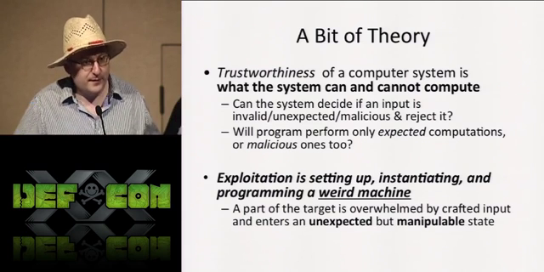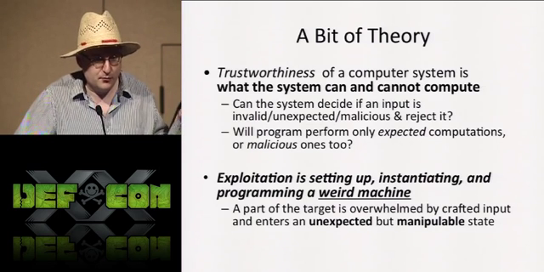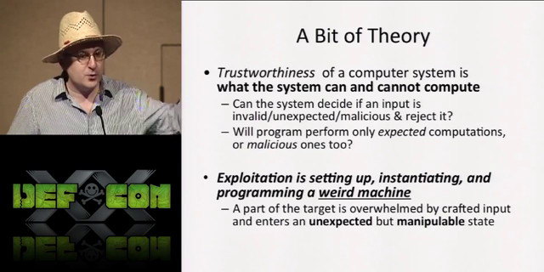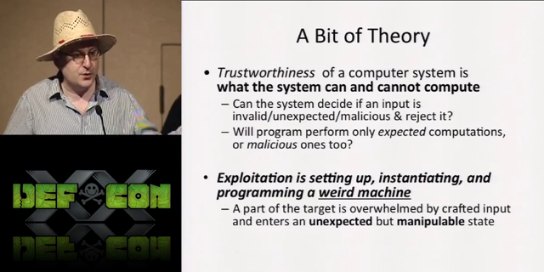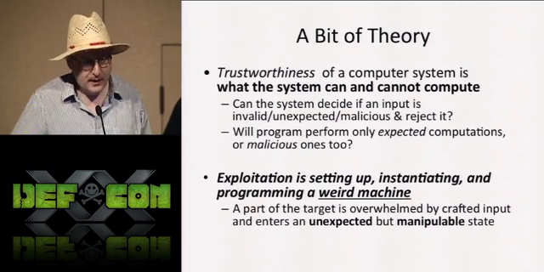It's always there, and it's readily invoked if all you need to do is to cause an exception. Then control will pass to the exception handler, and then you can run your own bytecode payload in that.